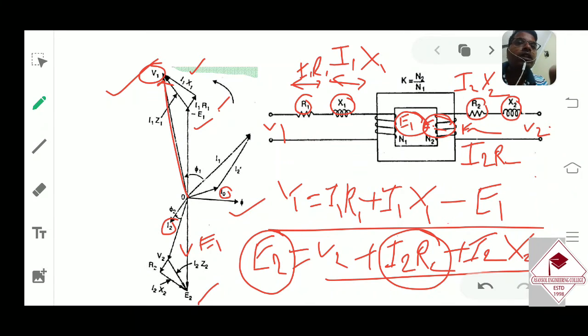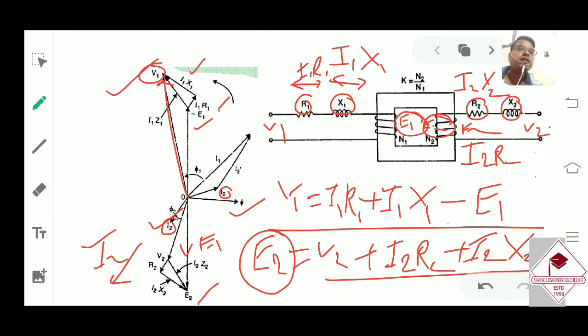The direction of I2 is this one, as we can see from here. So in this direction is the I2 R2 drop. Here we are showing this drop is I2 R2.